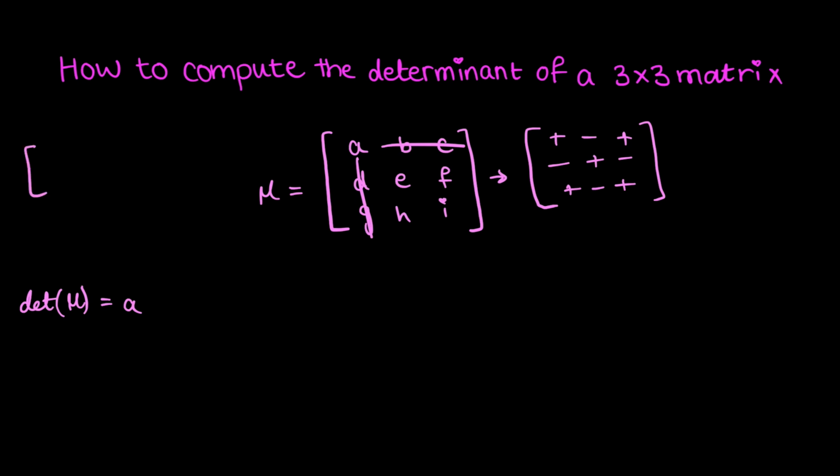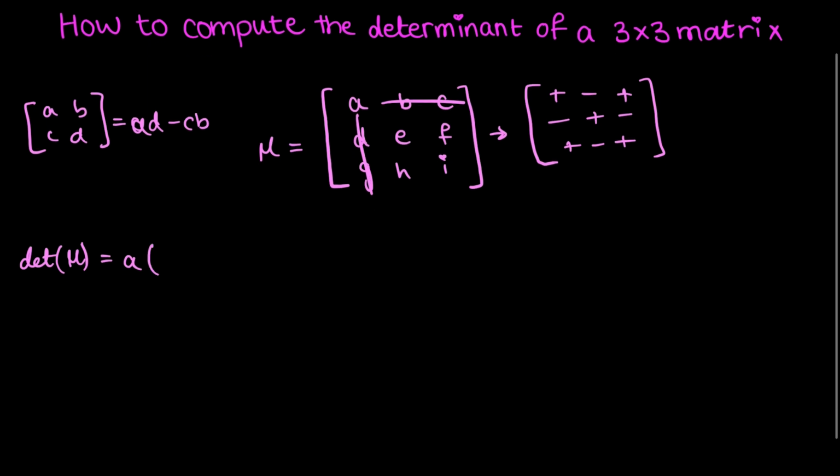And just as a reminder, the determinant of a 2 by 2 matrix is just crossing the terms. In this case, it's A times D minus CB, or BC, does not matter. The minor is E times I minus FH.